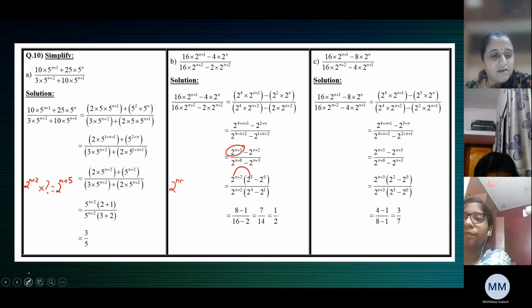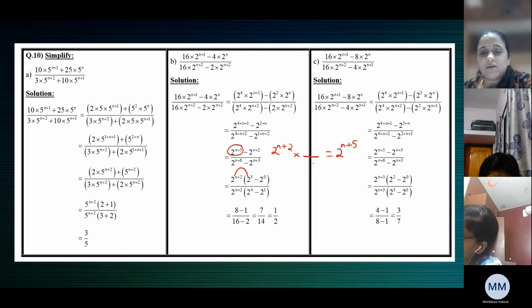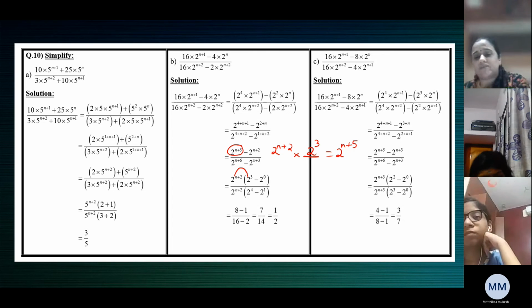Now listen carefully, I'll repeat it. You have taken out 2 to the power n plus 2 common. This one into what will give us the first term, 2 to the power n plus 5? So 2 to the power n plus 2 multiplied by something should give you 2 to the power n plus 5. So it should be 2 to the power 3, right? Only then the bases are same, it's multiplication, and when you add the powers, you'll get n plus 5.